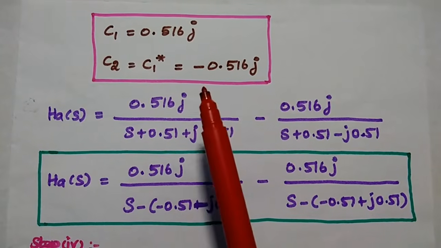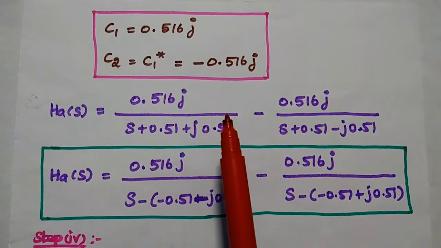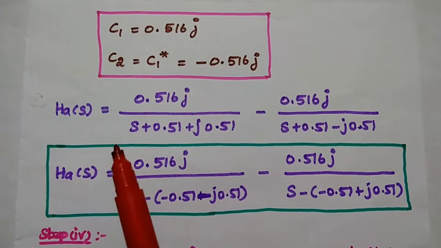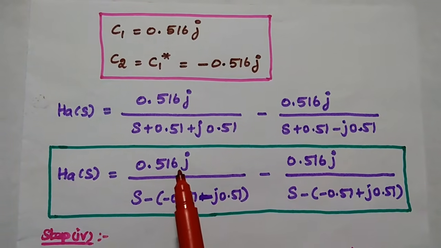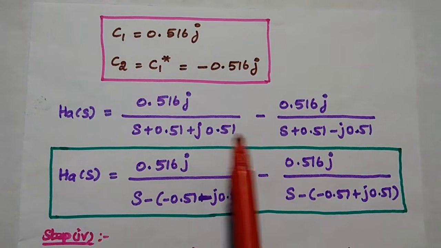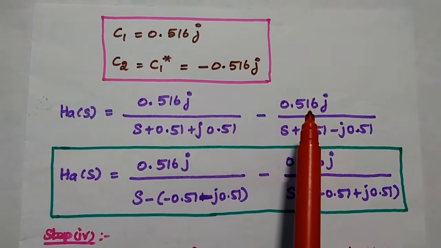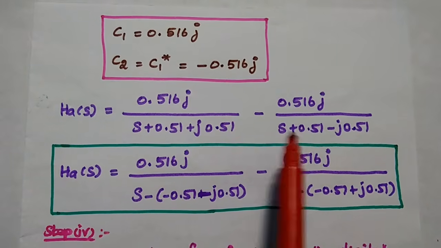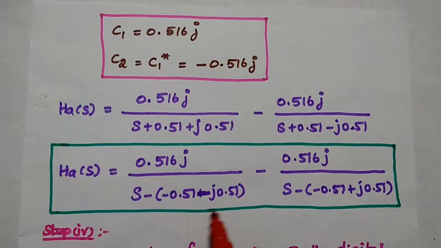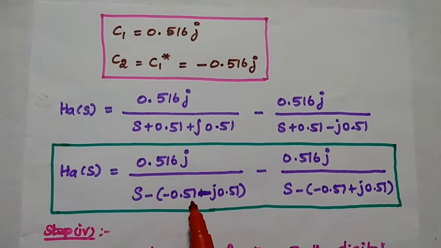After getting the coefficient values, we have to substitute those values in this transfer function. So HA of S becomes 0.516j divided by S plus 0.51 plus j 0.51 minus 0.516j divided by this term. But in this format, the denominator should be S minus pk, correct?